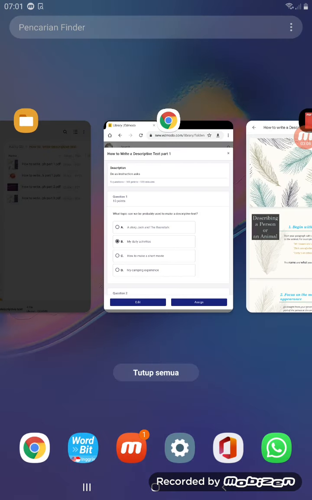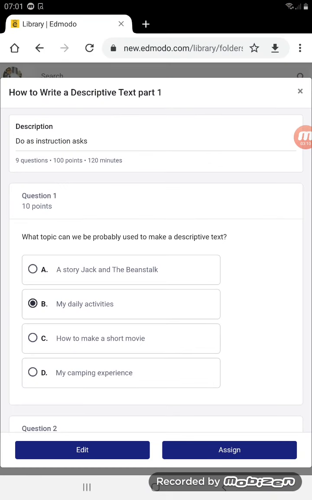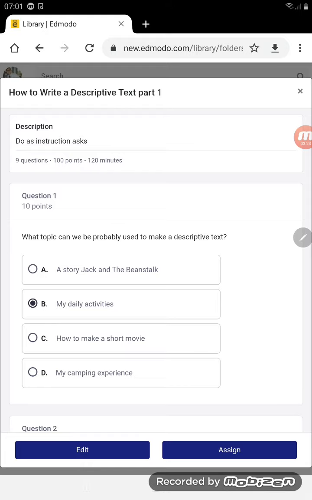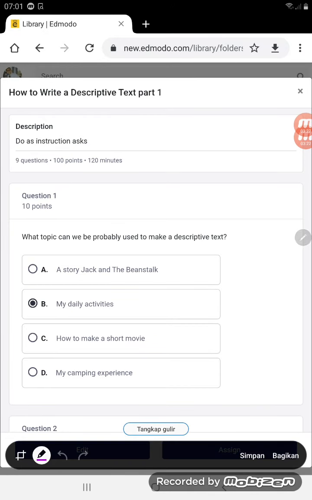How to write a descriptive text part 1. Question number 1, 10 points.